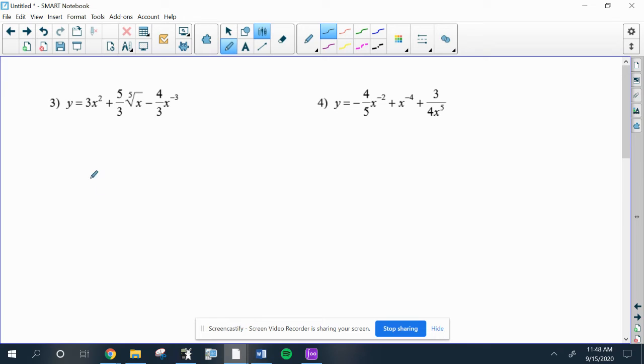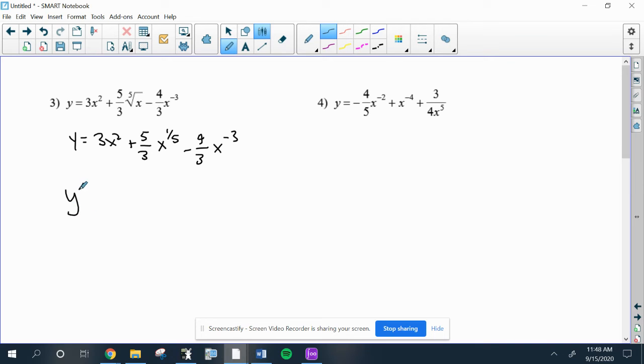Next one. Needs a little bit of rewriting. You have this 5/3. Make this x to the 1/5. And other than that, we're ready to go. That's a 4/3 x to the -3.